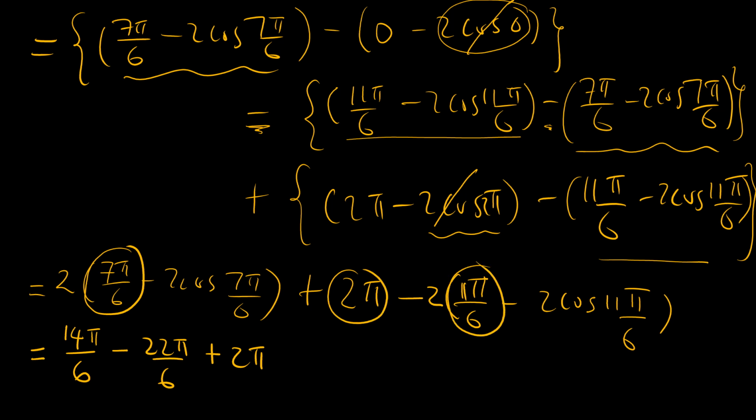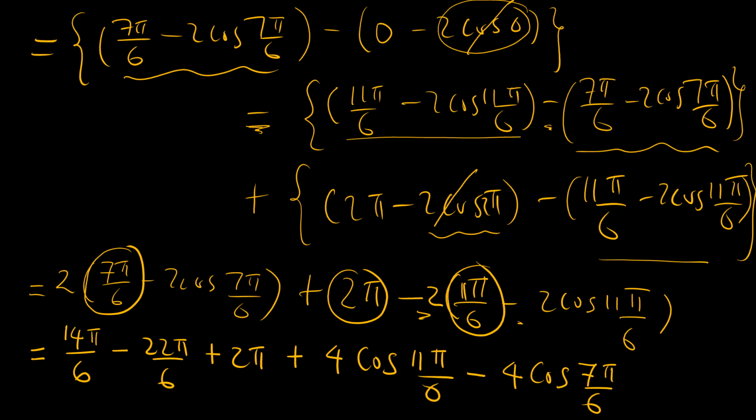Okay, and then next we do have plus 4 cosine 11 pi over 6, this and this interacting, minus 4 cosine 7 pi over 6. So 14 minus 22 is negative 8.